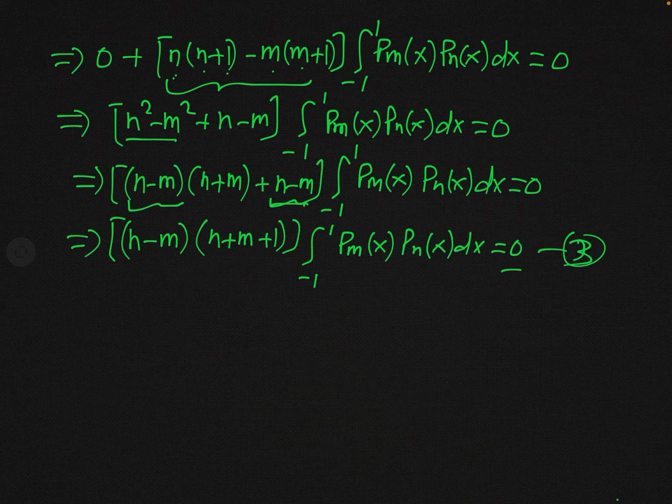As you have seen, n and m are integers, so even when n and m both are 0, this factor will not be 0 because it will be 1. So this will be 0 when either this n minus m is 0 or the integral of Pm and Pn is 0. So equation 3 will be satisfied.